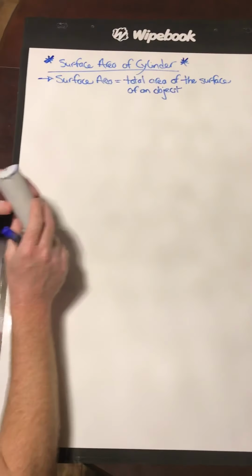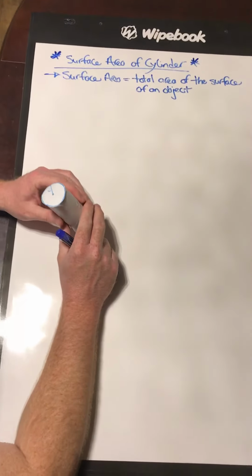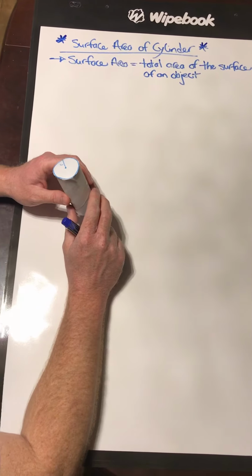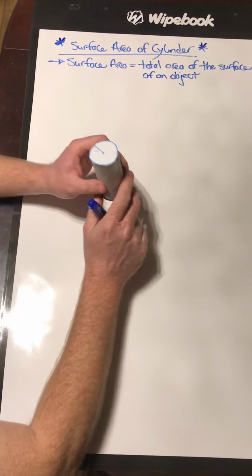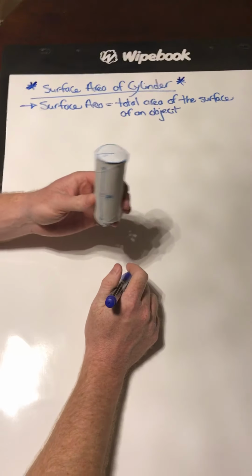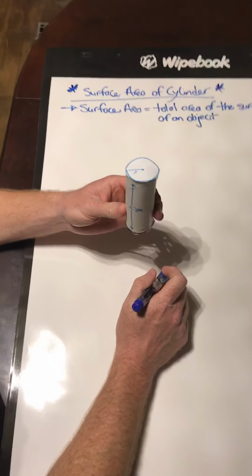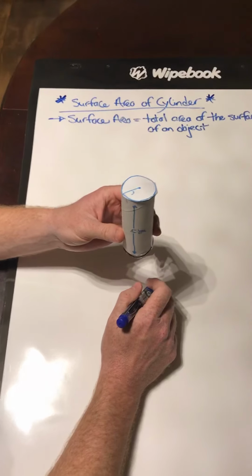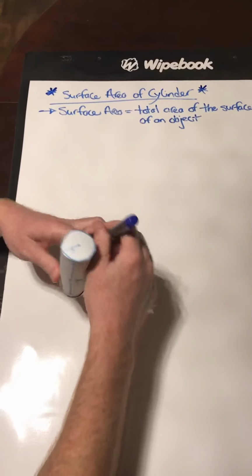So using that background knowledge, we want to find the surface area of a cylinder. And what do we notice about a cylinder? Well, a cylinder has 3 sides.